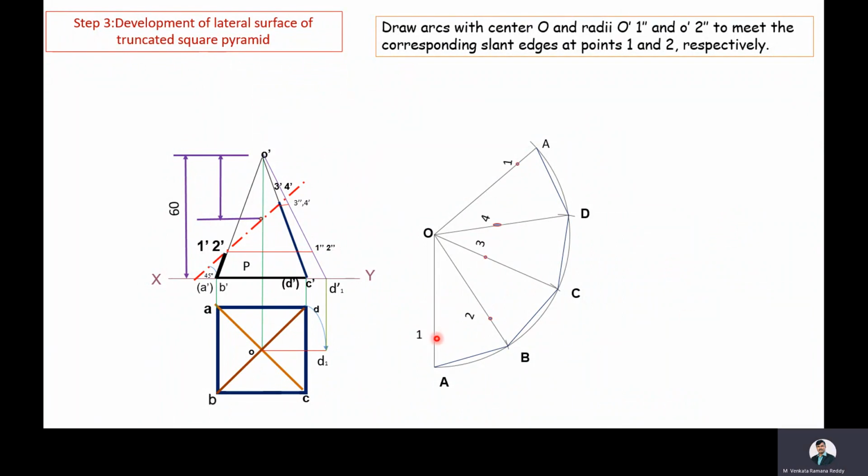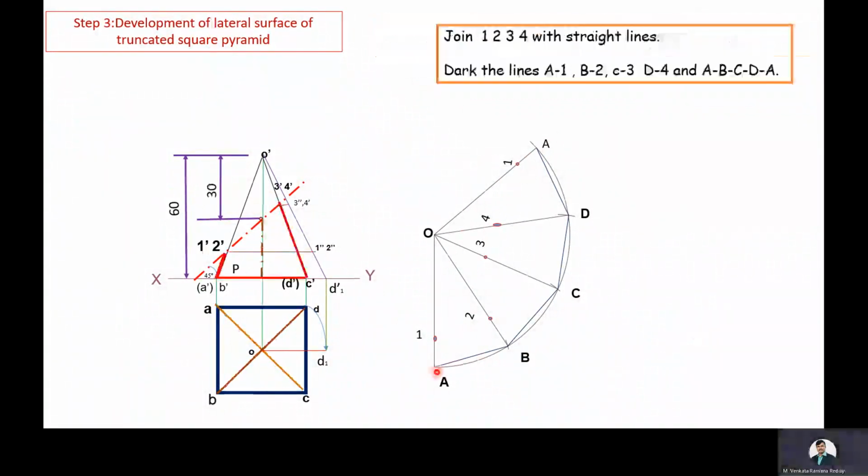After that, join 1 to 2, 2 to 3, 3 to 4, 4 to 1, 1 to A to 1 with straight line segments. Draw A to 1 points with straight line segment, 1 to 2, 2 to 3, 3 to 4, 4 to 1 and 1 to A also with straight line segments.